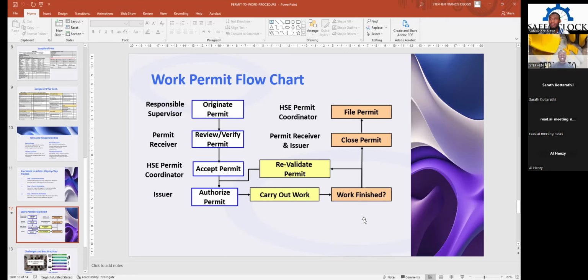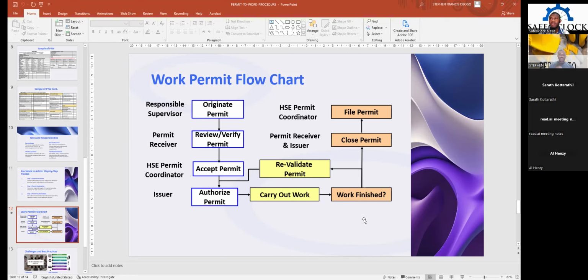But in some advanced industries, depending on the kind of risk activity, they are split, and everybody has different roles and responsibilities. But in most cases, when it comes to construction, everything is combined. Either the two up are combined, or the two down are also combined.